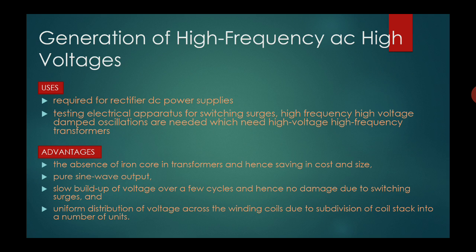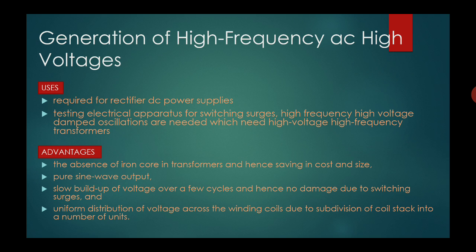So in order to test the apparatus for switching surges or high frequency voltages: switching surges are a sudden increase in voltage or current due to any kind of switching in the circuit breaker or any other faults.